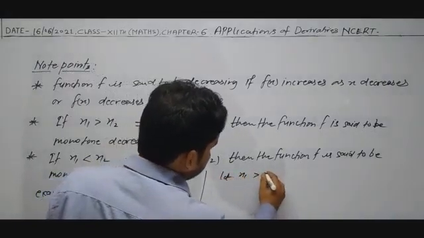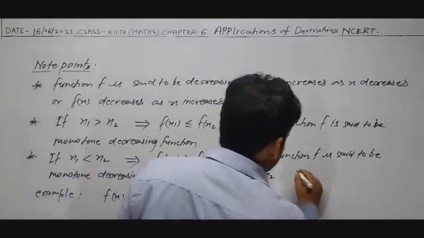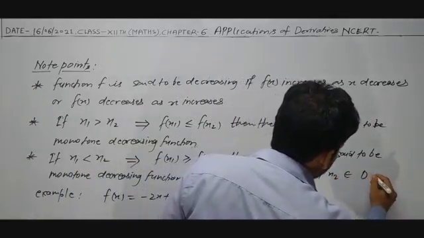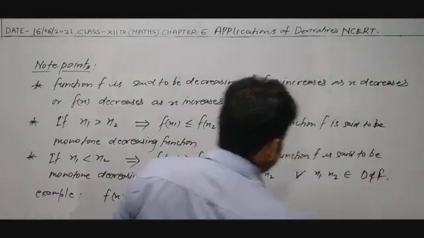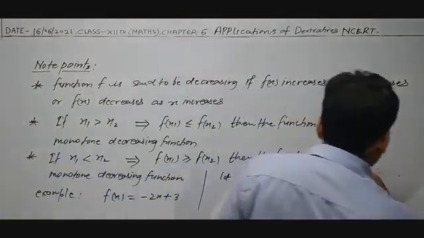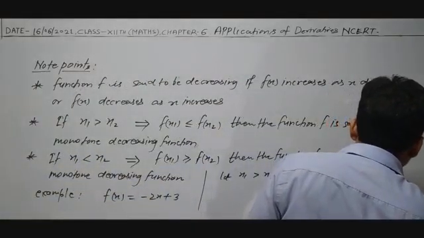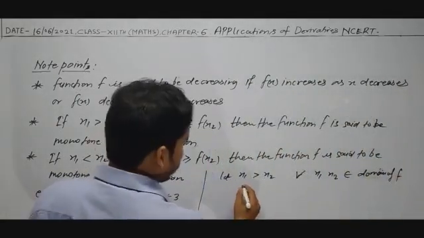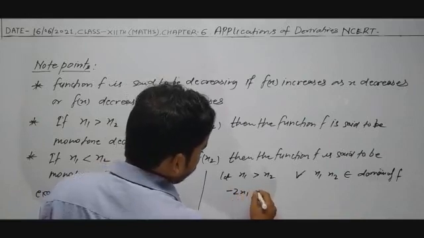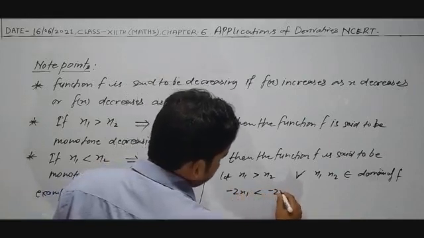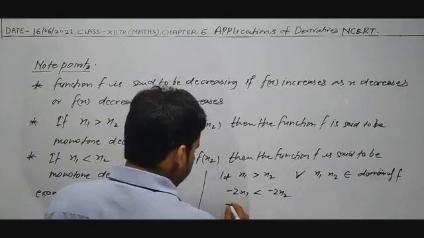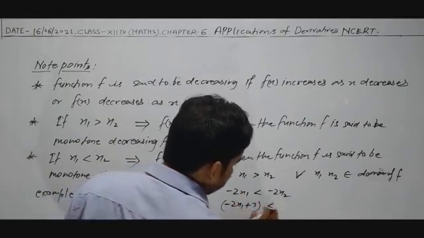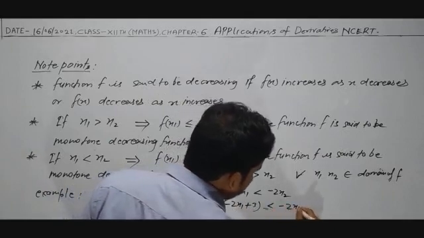Let x1 be greater than x2, for all x1, x2 belonging to the domain of f. Multiply by minus 2 on both sides, then minus 2x1 is less than minus 2x2, and add 3 on both sides, then minus 2x1 plus 3 is less than minus 2x2 plus 3.